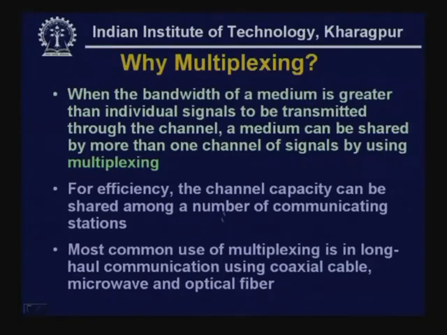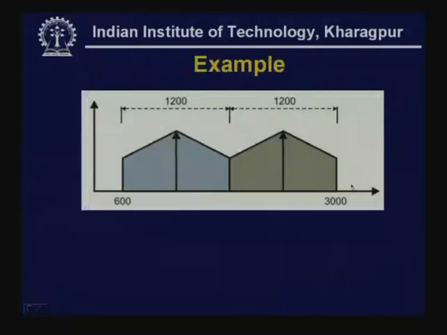That means, we have to utilize the channel capacity fully, and for that purpose multiplexing can be done. And as you know, the most common use of multiplexing is in long haul communication using coaxial cable, microwave and optical fiber. For long distance communication normally we use optical fiber or a terrestrial microwave or satellite microwave, and all these transmission media have high bandwidth, and these are to be shared by using multiplexing.